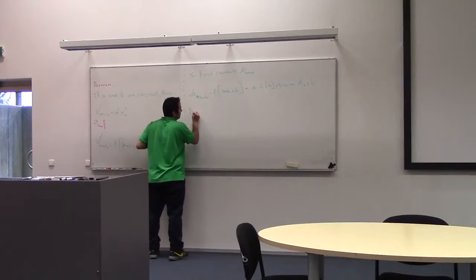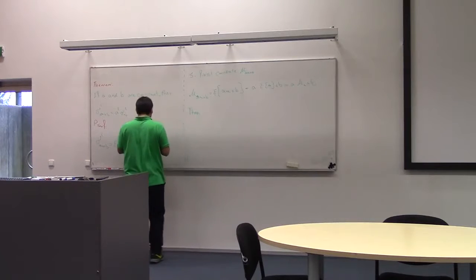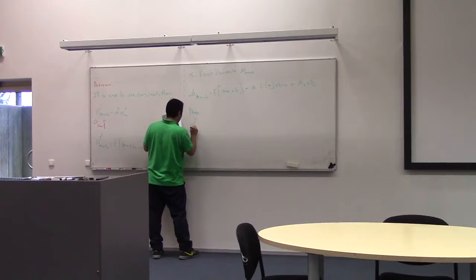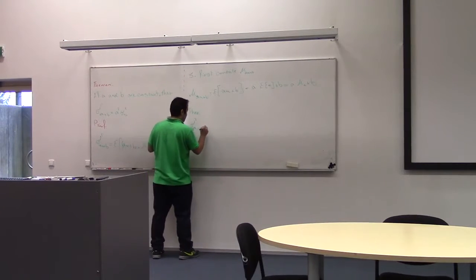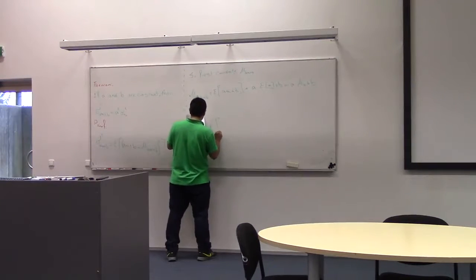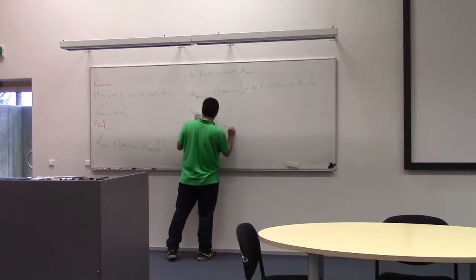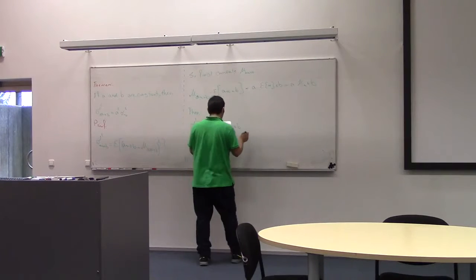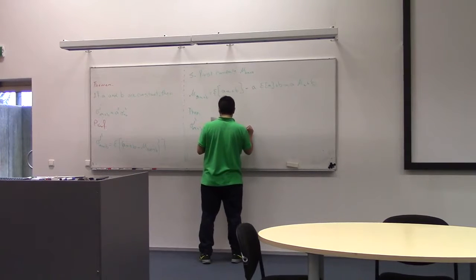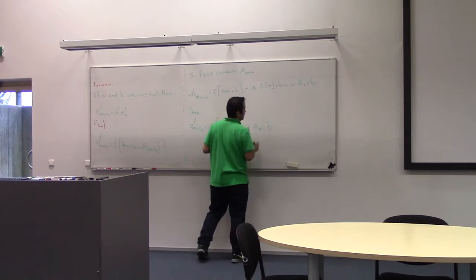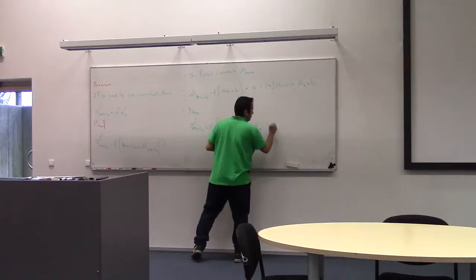Then for sigma 2 ax plus b is equal to expected value of the ax plus b minus a mu x minus b, okay, power 2.